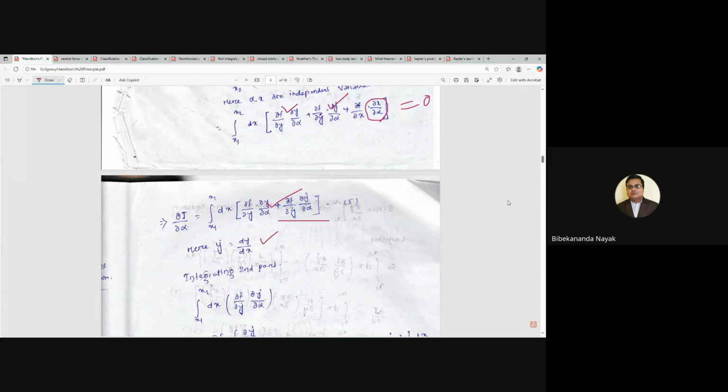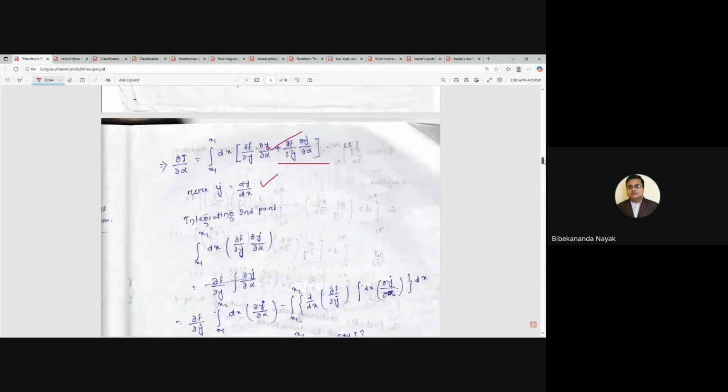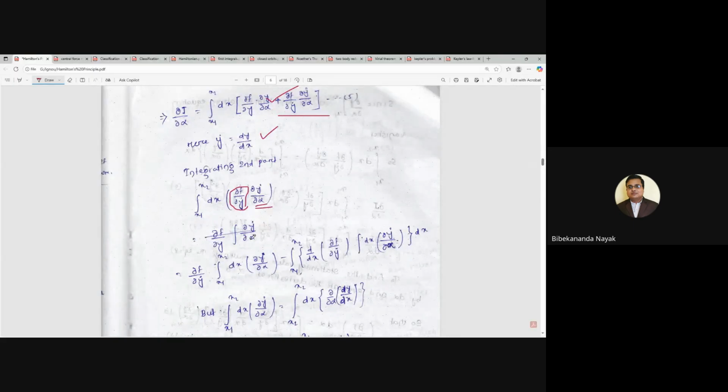Now integrate this second term. Integrating dx, del f by del y dot, and del y dot by del alpha. This is your first function, and this is the second. According to the integration by parts rule, it is derivative of first function into integration of second, minus the integration of derivative of first into integration of second.